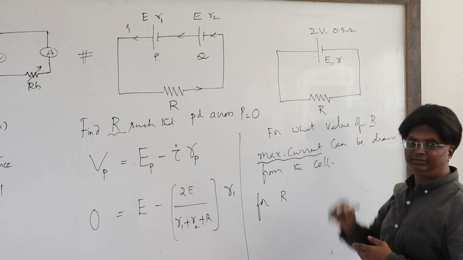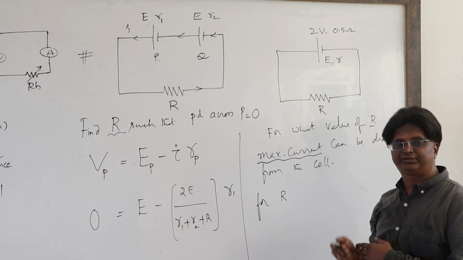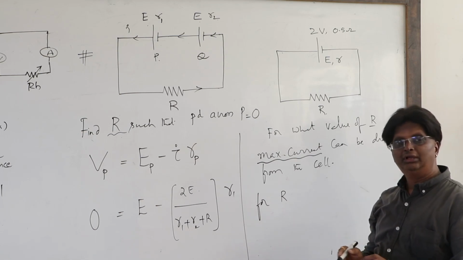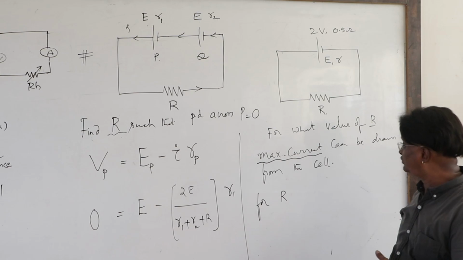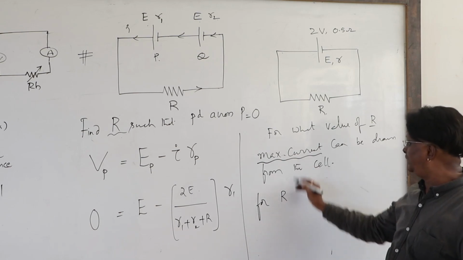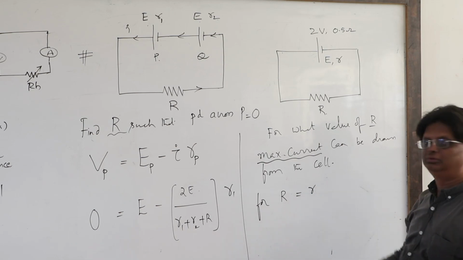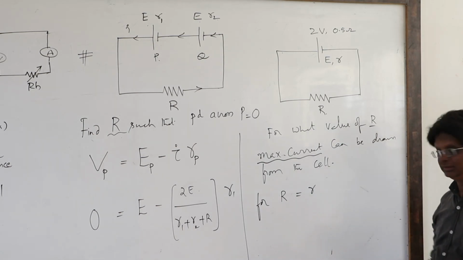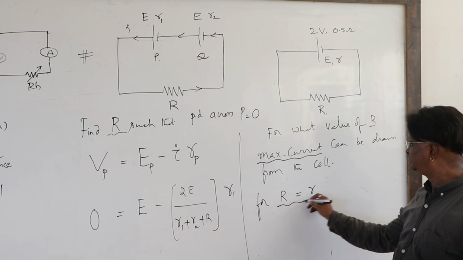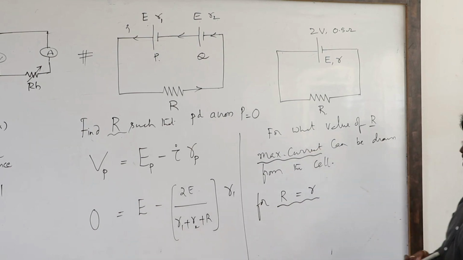Generally, for a given cell, internal resistance is an internal matter, therefore we can't adjust it. Therefore, the condition for maximum current is that the resistance of the external circuit is equal to the internal resistance of the cell. Capital R equal to small r, current is maximum.